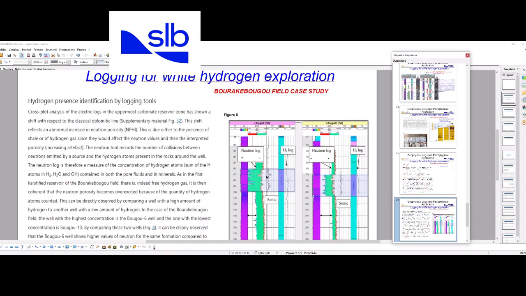So neutron logs high value corresponds to presence of hydrogen in this interval of depth. So they will call also hydrogen logs.